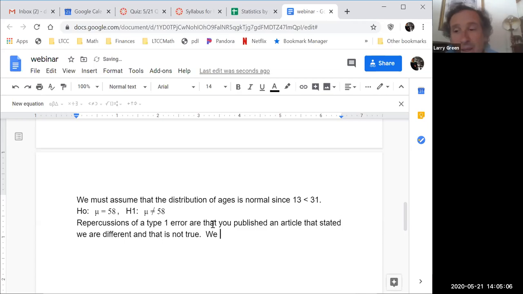So we might have a loss of reputation, right? People might know us as someone who publishes things that aren't true. That's a bad thing, but it's not like anyone's going to die or anything. Any questions on the repercussions of a type 1 error? What are the repercussions of a type 2 error?